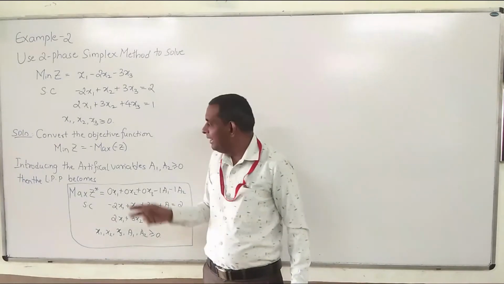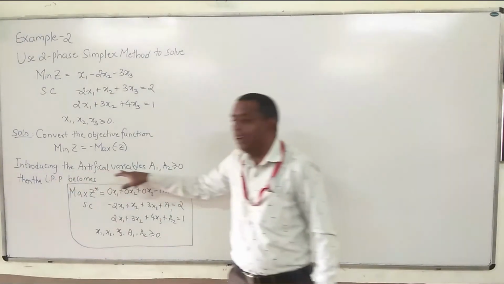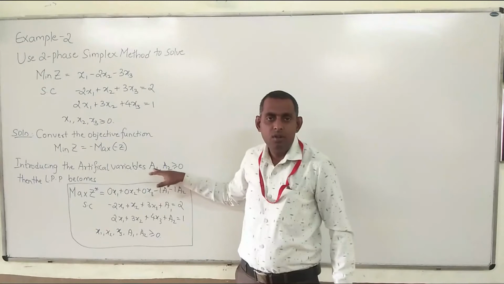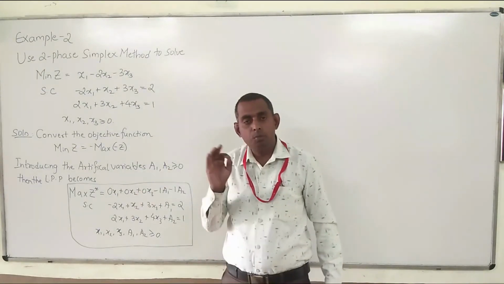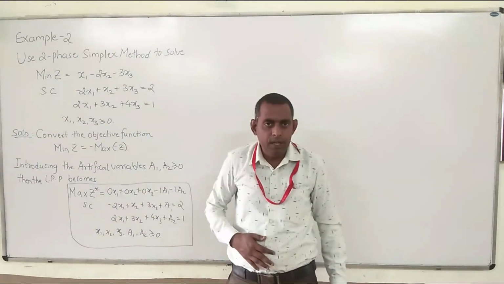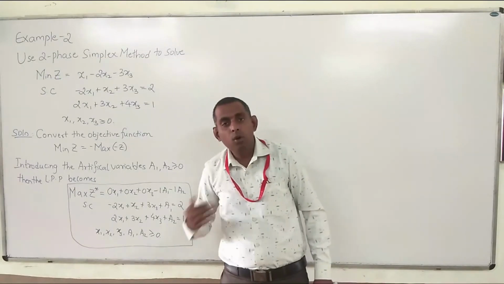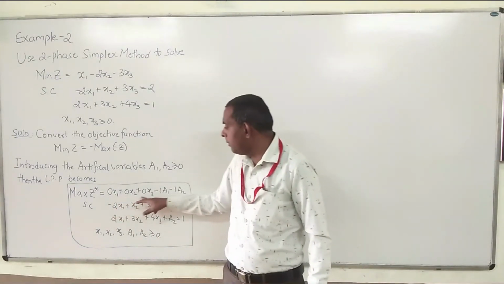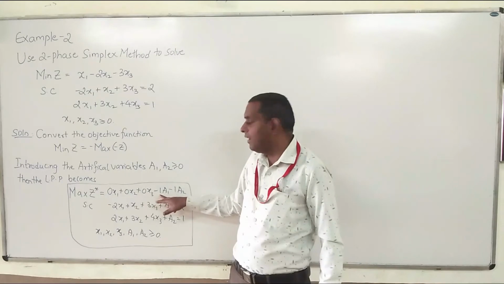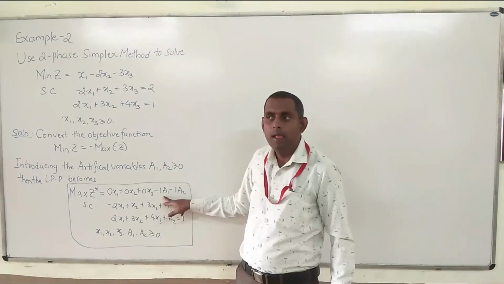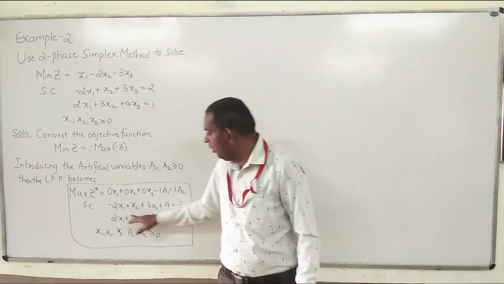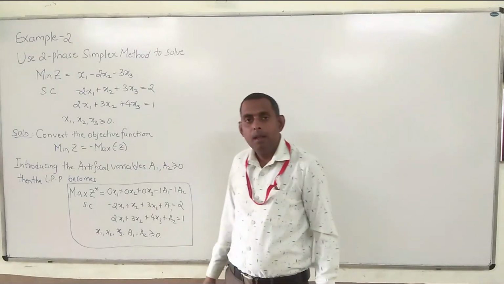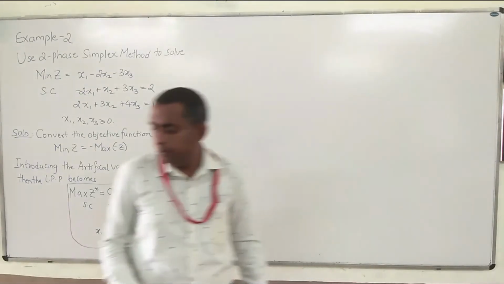Next, introduce artificial variables, assigning cost -1 to each artificial variable and 0 to the other variables, then the constraints. So this is the auxiliary LPP.